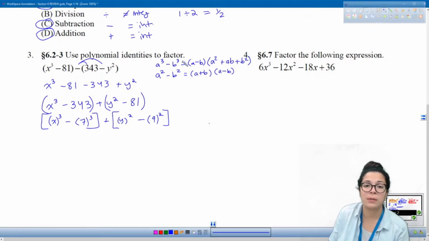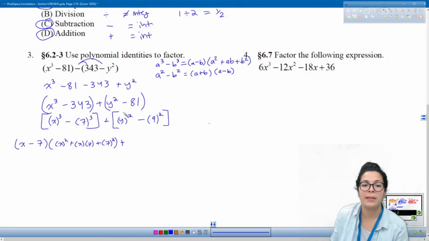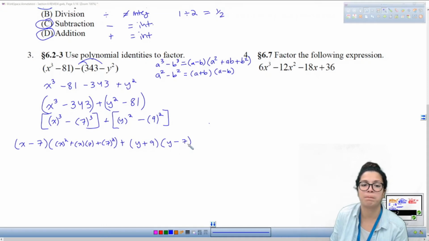So using the difference of cubes identity, where a is x and b is 7, this would factor into x minus 7 times x squared plus x times 7 plus 7 squared. And then here, this difference of squares where a is y and b is 9 would factor into y plus 9 times y minus 9.